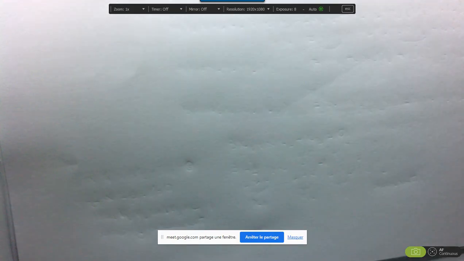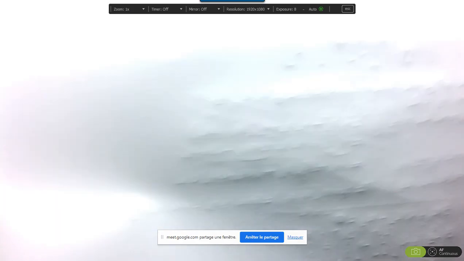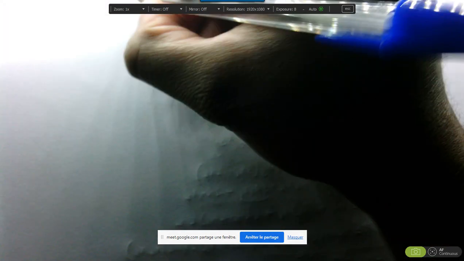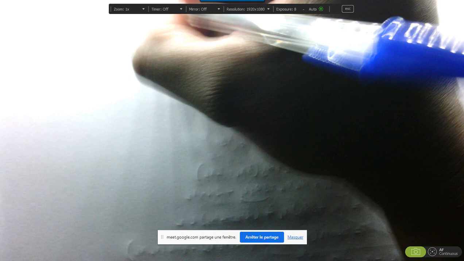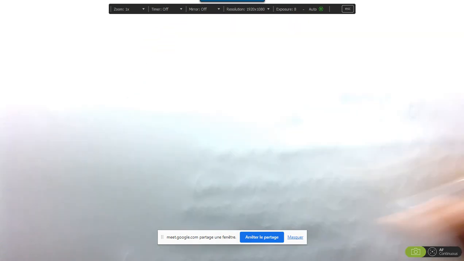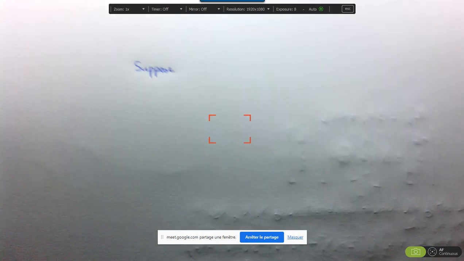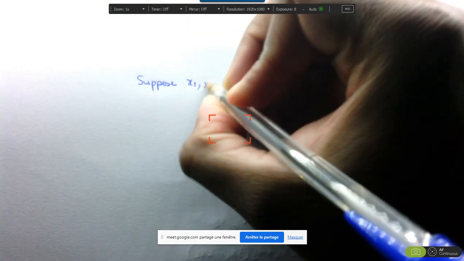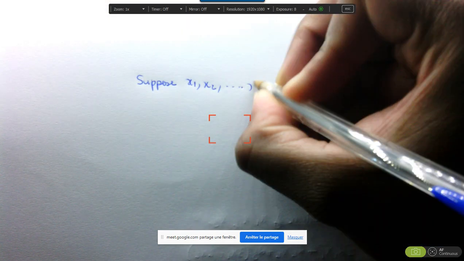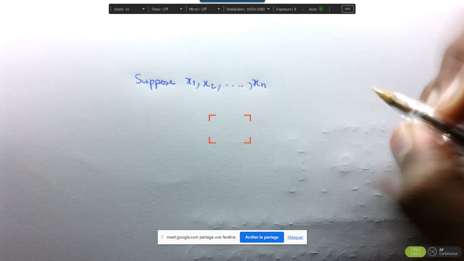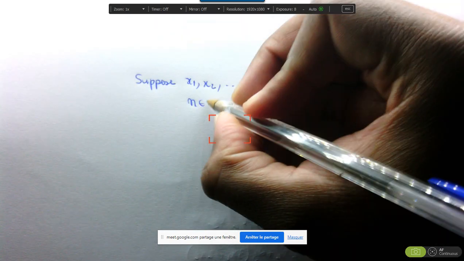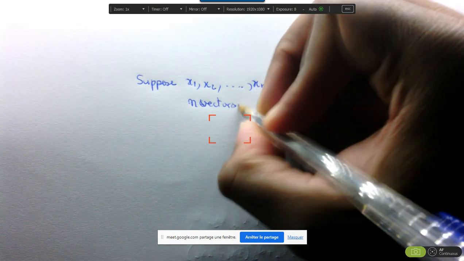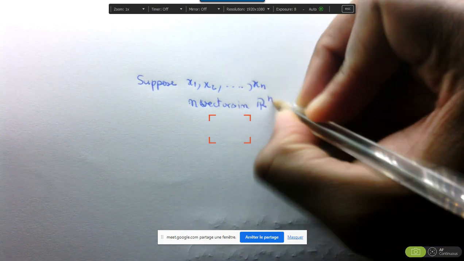Suppose that I have n vectors in Rn. Suppose that I have vectors x1, x2, dot dot dot xn. These are n vectors in Rn.